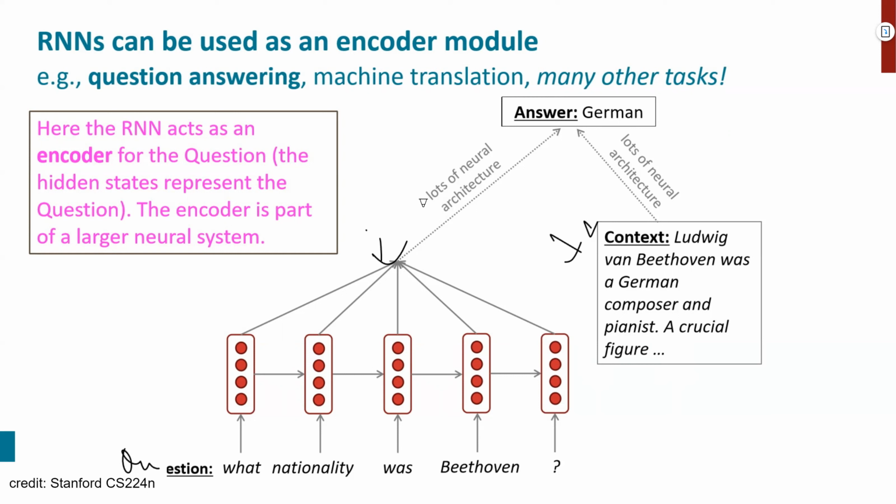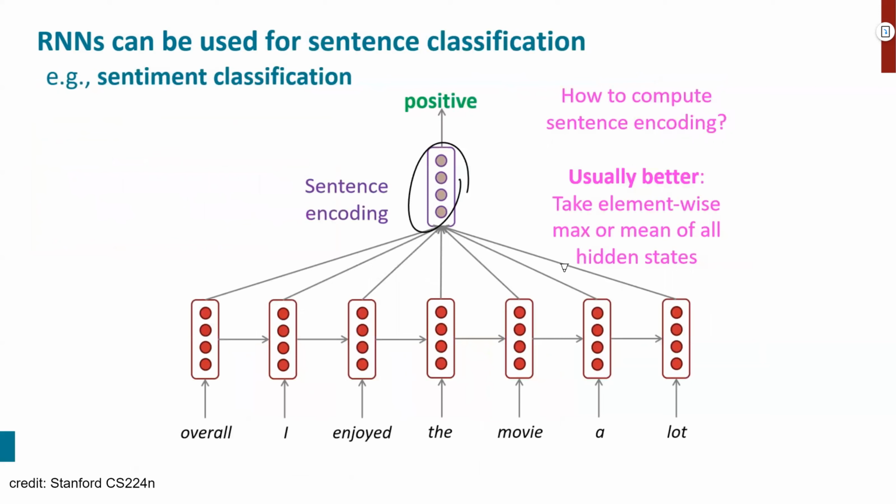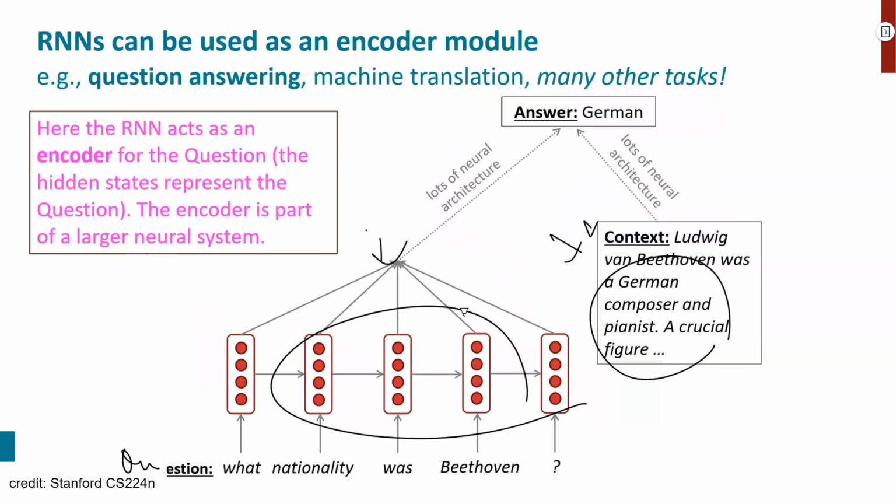And there are numerous neural architectures that do encoding for the question and context. And as you can see, this task is somewhat more complicated than the previous ones. That means you need more complicated neural architectures to solve this problem.